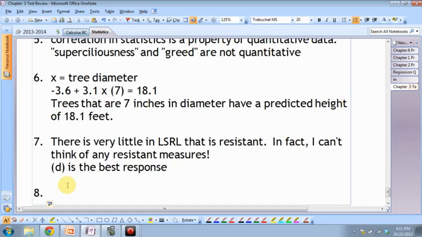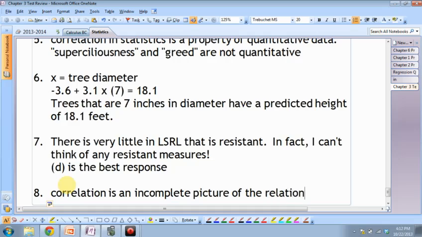Okay. So correlation is an incomplete picture of the scatterplot, the association. If it was R squared, would the answer be C?